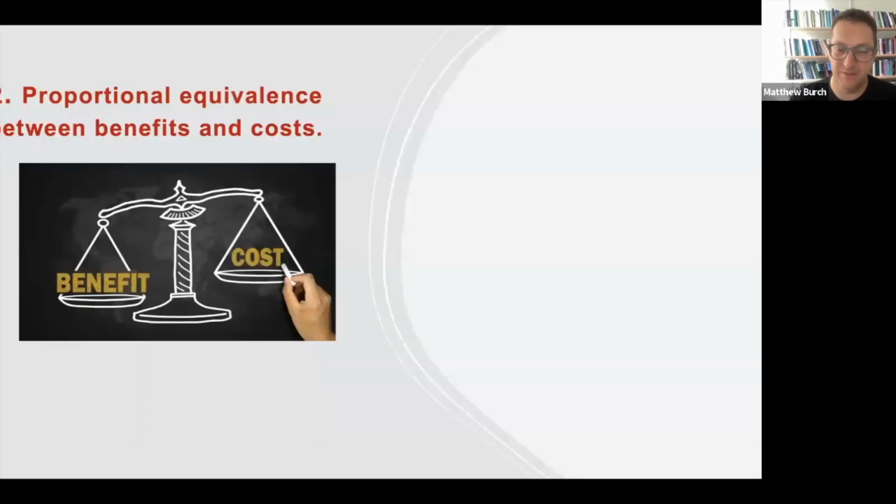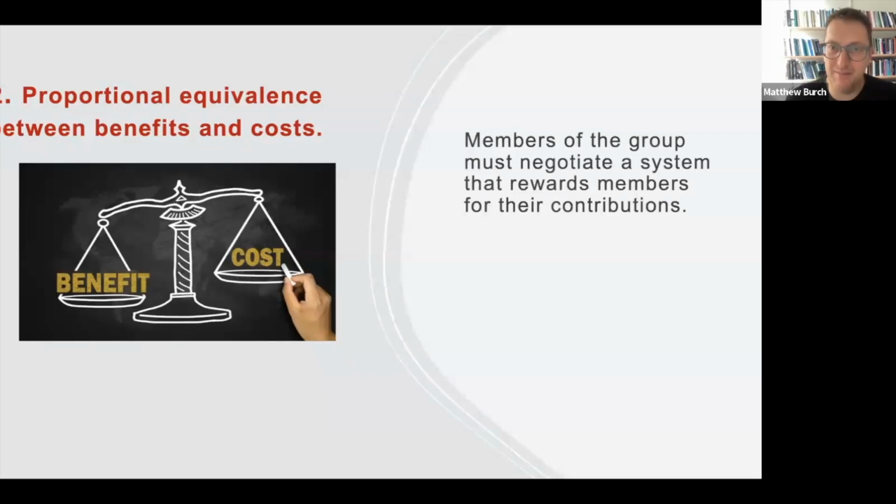The second principle extracted from the study of successful groups was what they call proportional equivalence between benefits and costs. So what does that mean? Well, that basically means that members of the group have to negotiate a system that rewards members for their contributions.